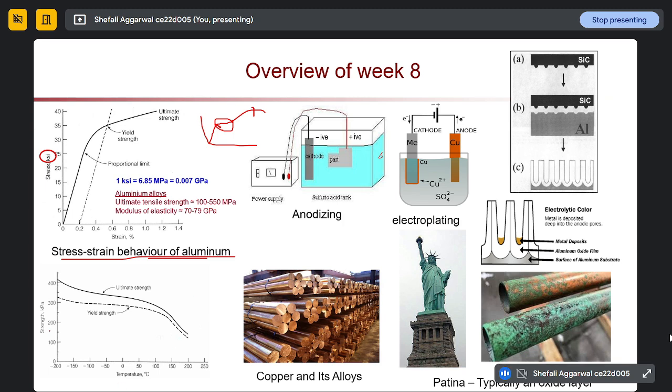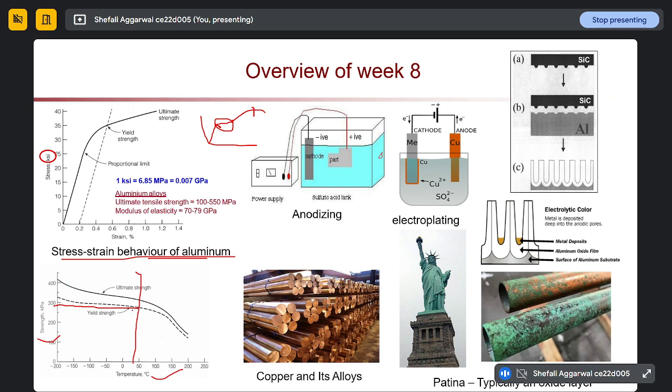Another thing is how the strength is affected by temperature in case of aluminium. If we increase temperature, the strength will decrease. At normal room temperature, we have almost 300 kilopascal of yield strength. If we reduce our temperature, if we go to negative temperature, our strength will actually increase a little bit.